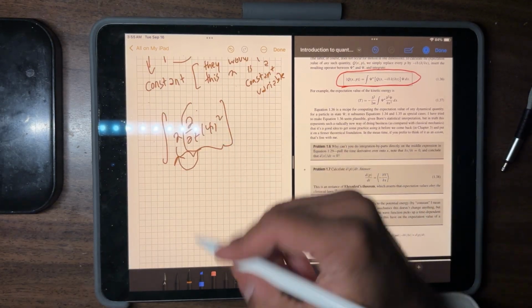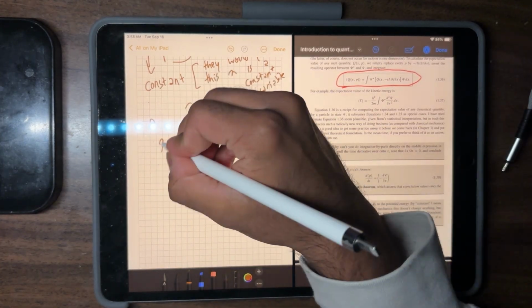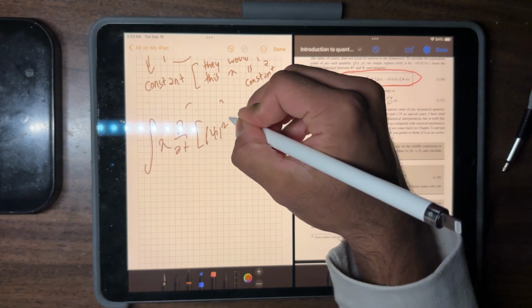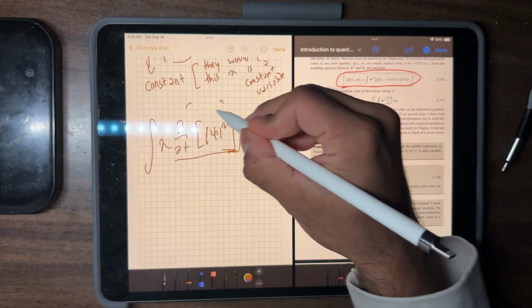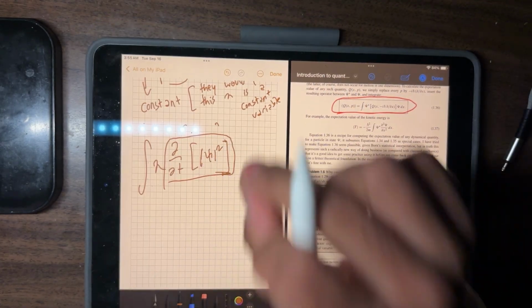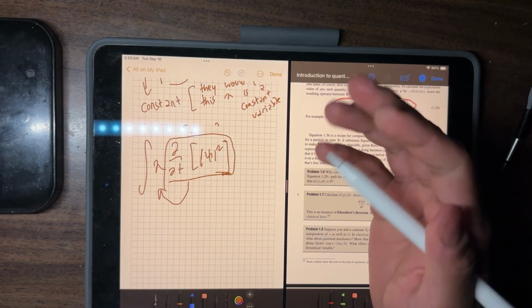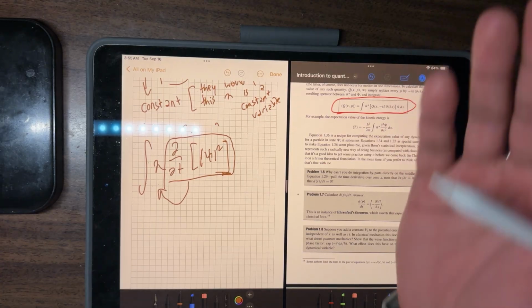If I have x curl by curl t of psi squared, this means that whatever wave function I have, I'm going to derivate that, do all the derivations, and whatever derivation I get, I'm going to multiply by x. Cool? Meaning that I'm technically finding the expectation value of x.